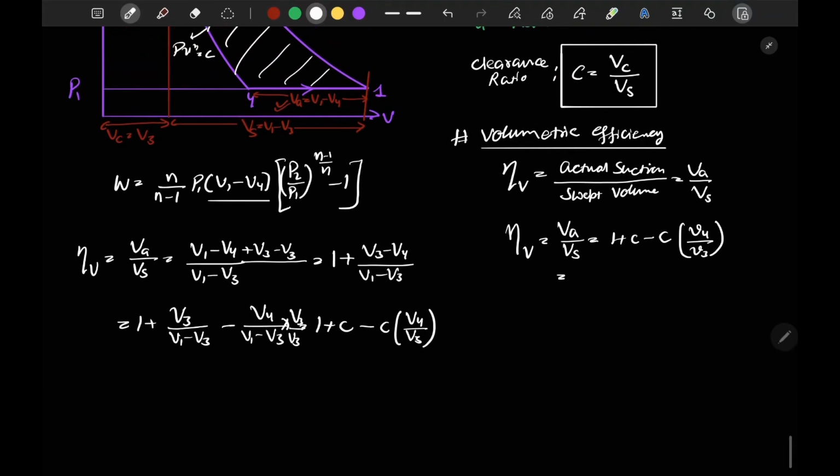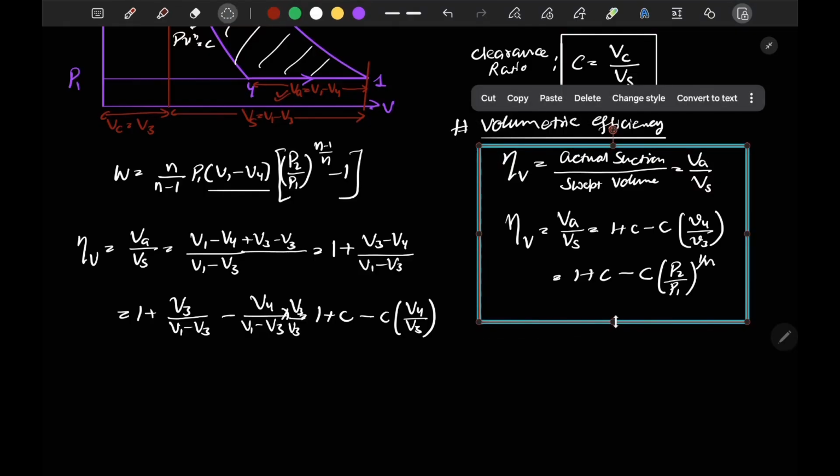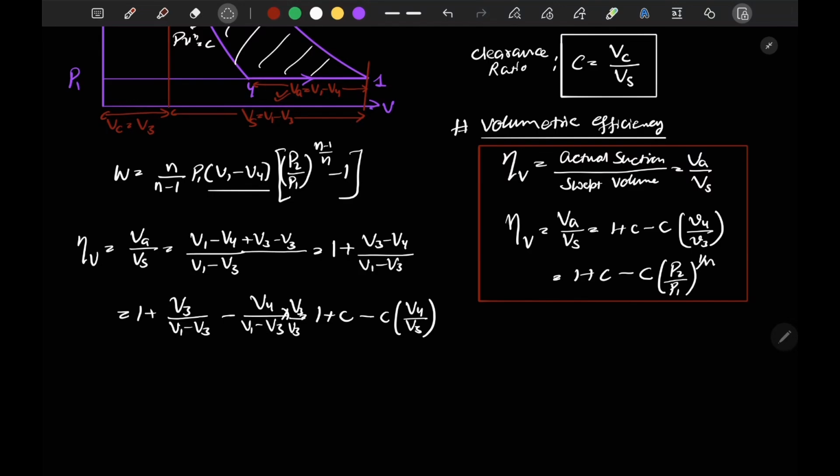So we can write it as 1 plus C minus C times (P2 by P1) to the power 1 by n. I hope you understood this point. This is a very important topic, and these relations are also very important. I hope you understood the topic of volumetric efficiency.